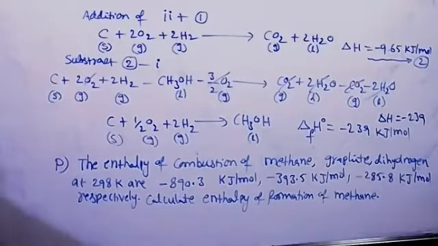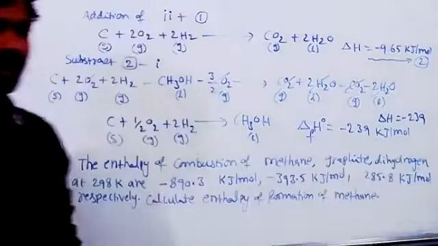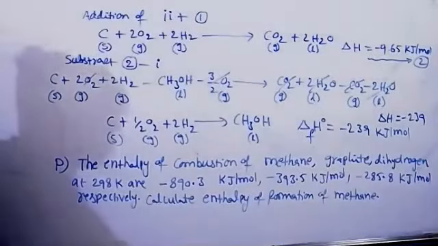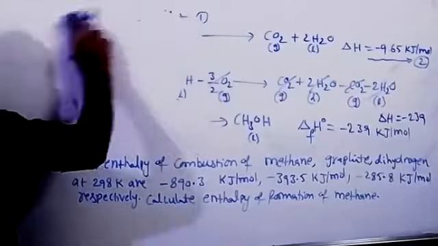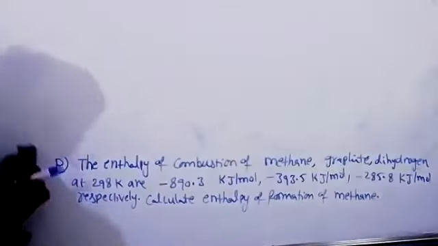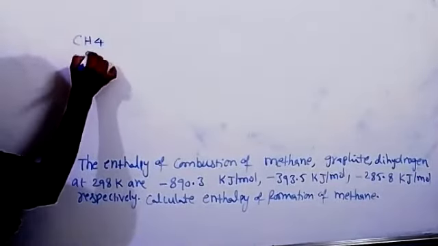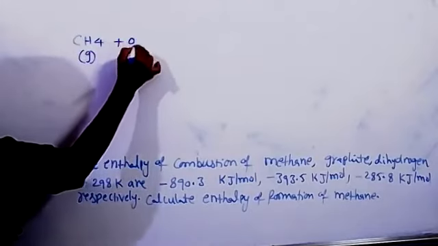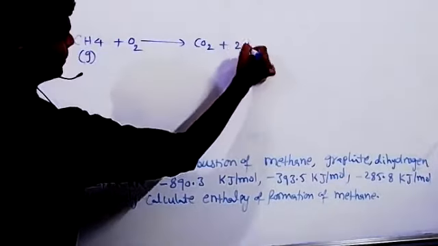Okay. So here, the combustion of methane, graphite, and dihydrogen are given. I will write those reactions, then you calculate further. The combustion of methane reaction is CH4 reacting with oxygen, gives carbon dioxide and 2H2O.